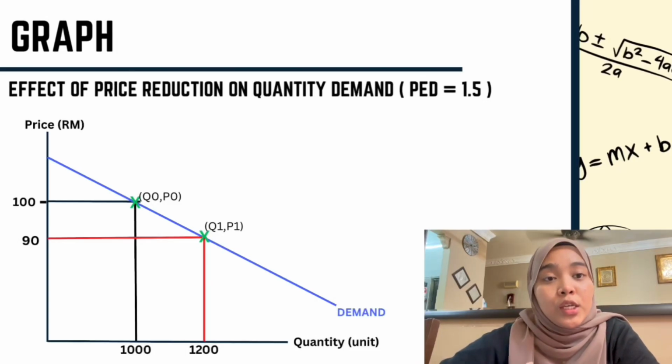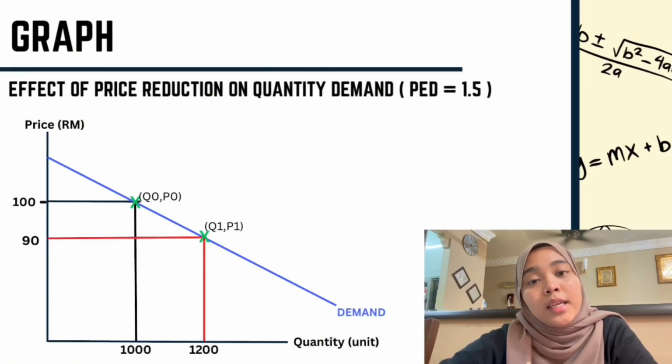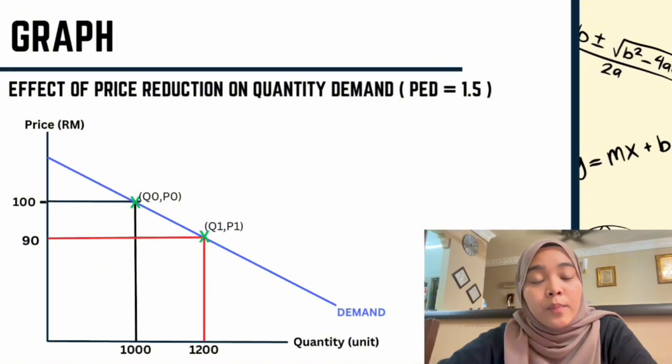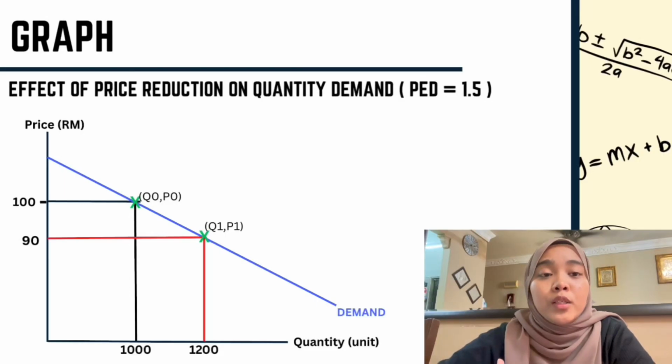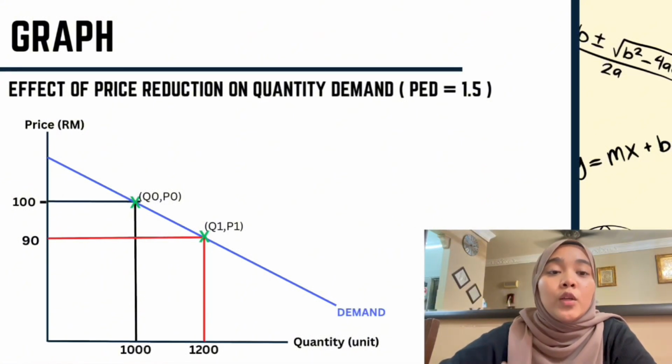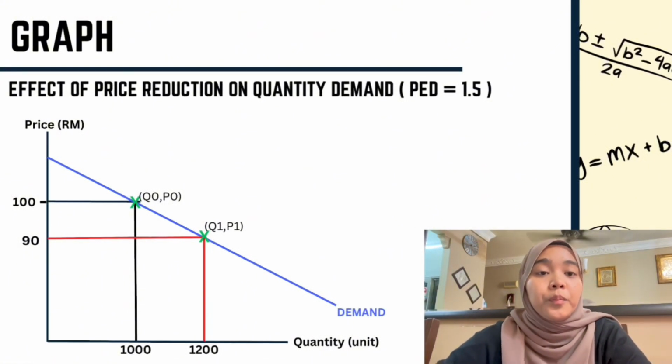Before the price change, the initial price is RM100 and the quantity demanded is 1000 units. After the price reduction, a lower price P1, which is RM90, leads to a higher quantity demanded Q1, which is 1200 units.